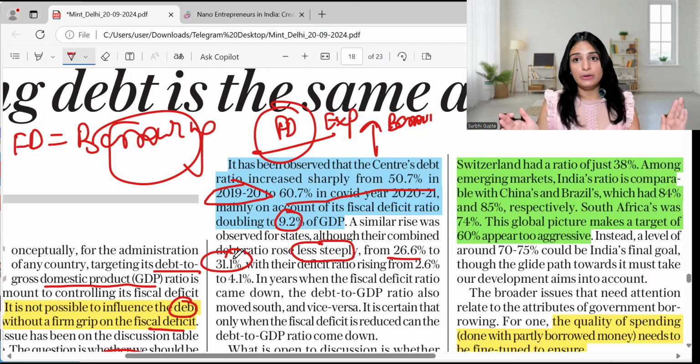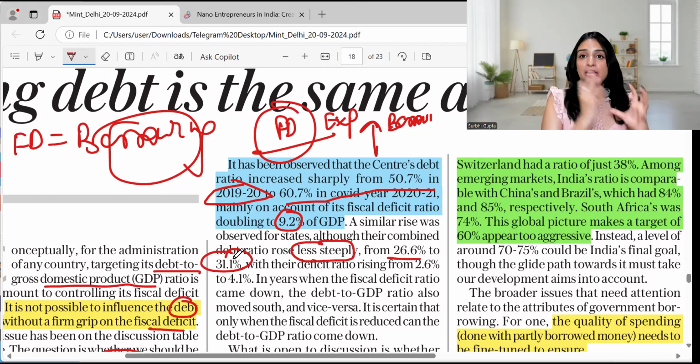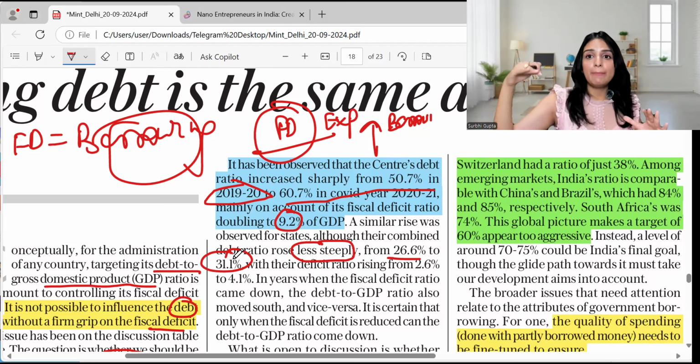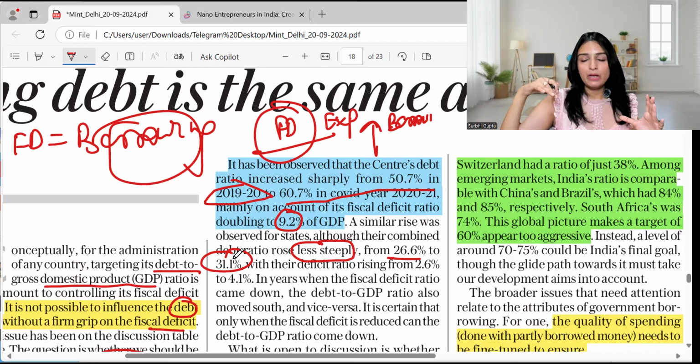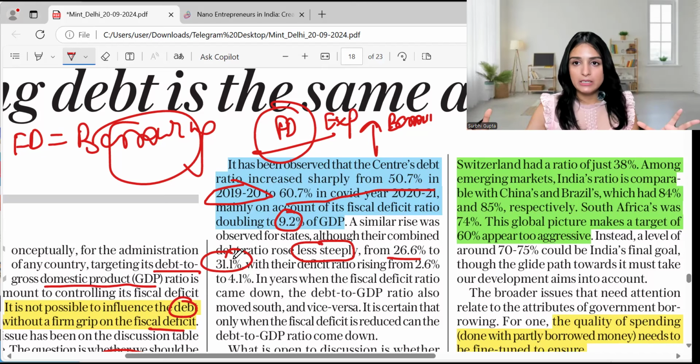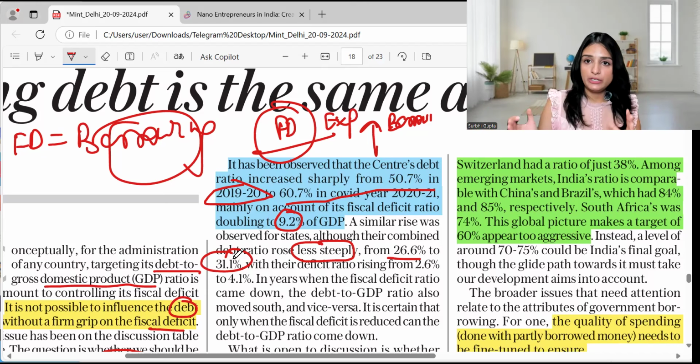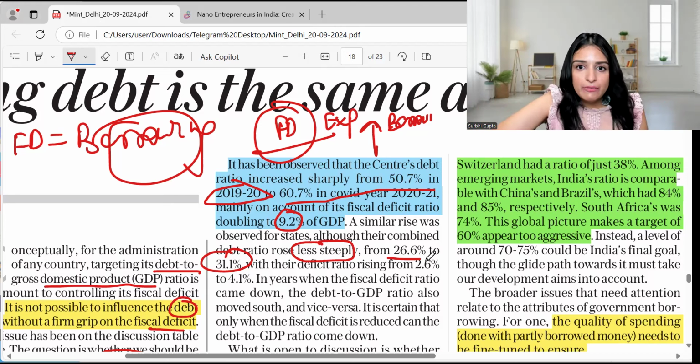I don't think I need to explain why the central government's expenditure increased sharply when this did not happen for the states, which is why the debt to GDP ratio for the center increased sharply, which did not happen in the case of states. It was not as steep, with their fiscal deficit ratio rising from 2.6% to 4.1%.